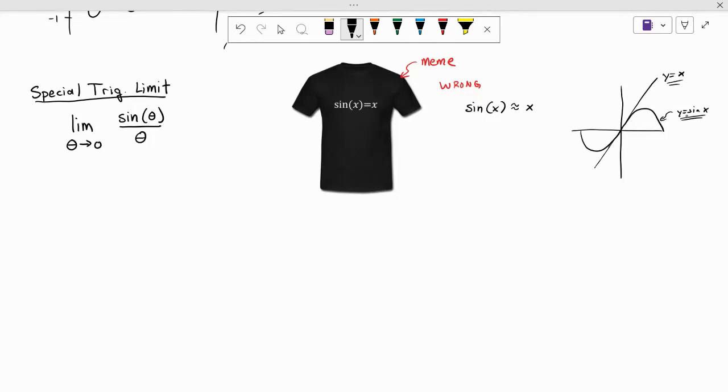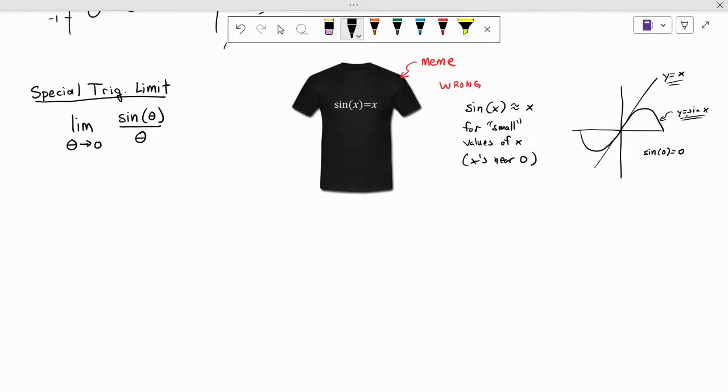Okay, thank you. Obviously at x equals 0, sine of 0 is 0. But we can make an approximation to say sine of x is approximately x for small values of x, so x is near 0.